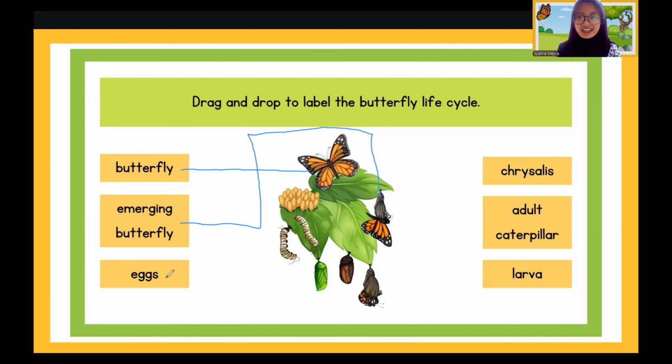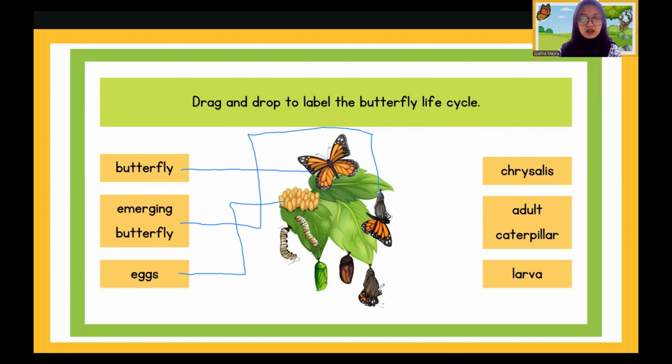Now we got eggs. Which one shows the butterfly's eggs? Easy peasy, right? It's right here. Next, we got chrysalis. Which one is it?